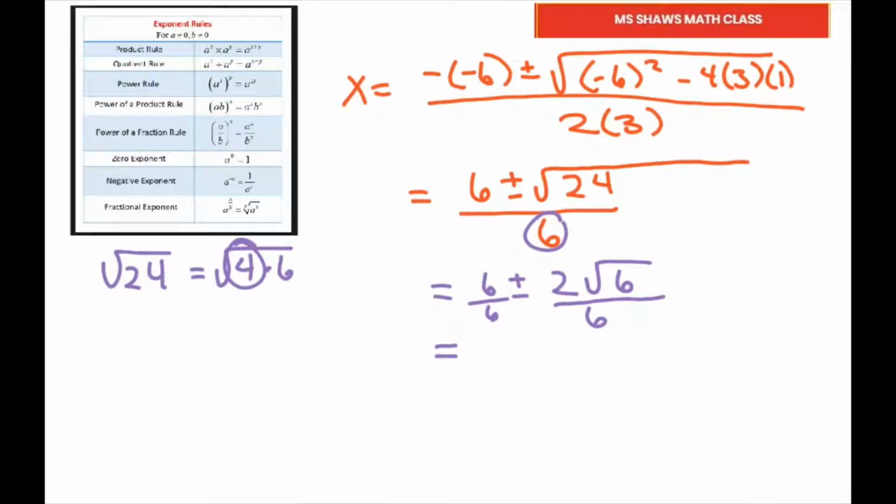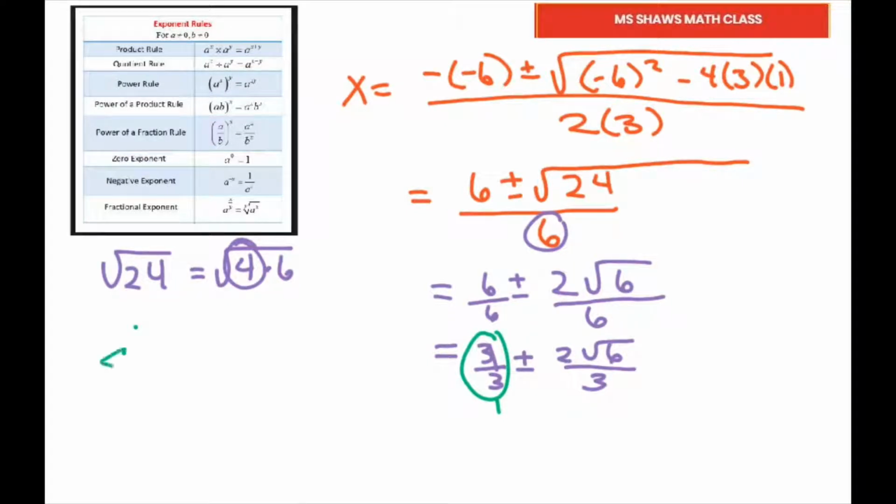This would be 1 plus or minus 2 square root of 6 over 3. So if I want this to be a 3 as well, I can write this as 3 divided by 3. Or you could just keep this as a 1. That's up to you. But that's your solution set.